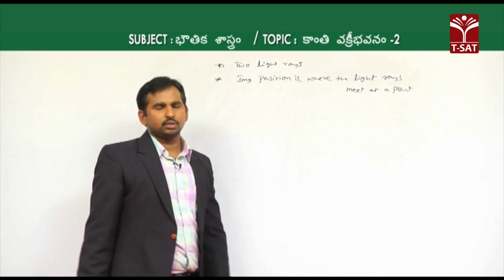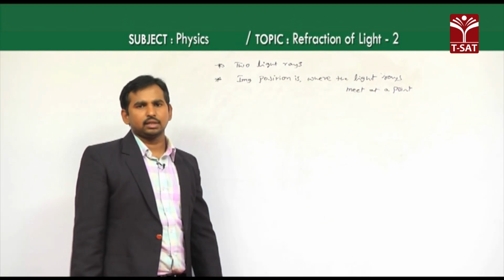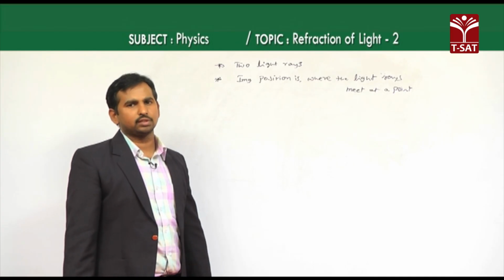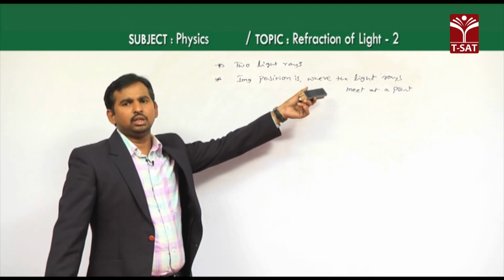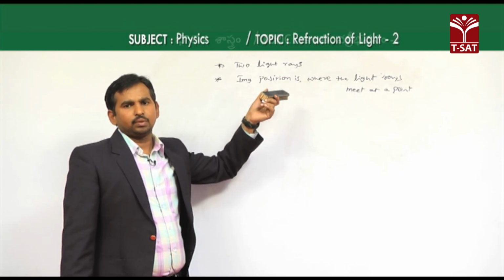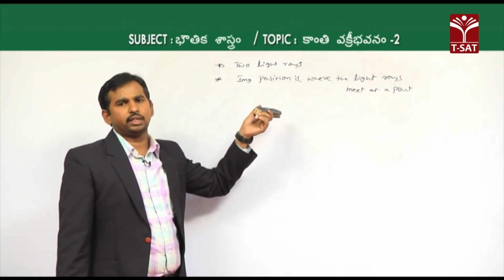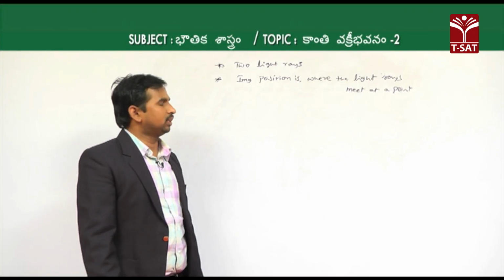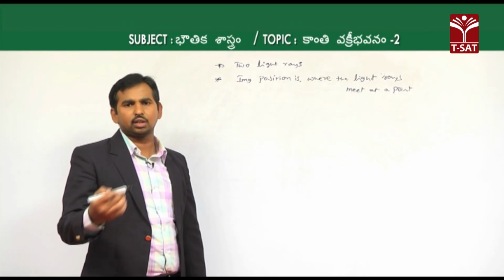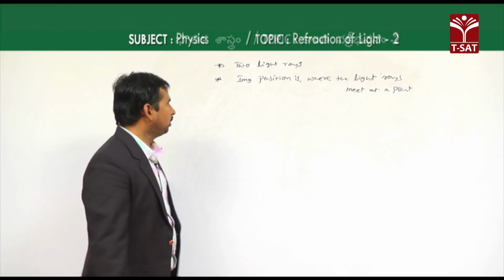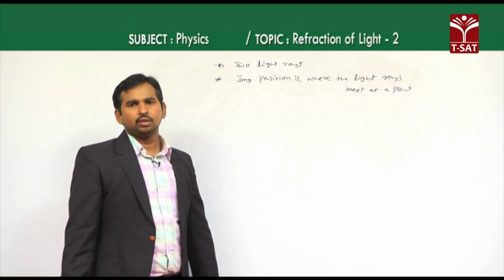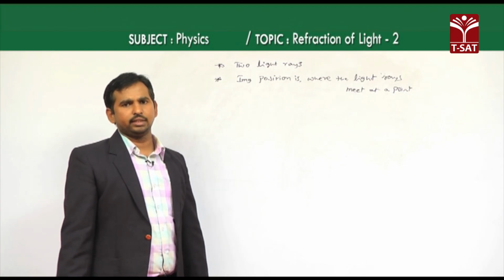Sometimes, like in the case of our concave lens, as it has a virtual focus, the meeting point may not exist directly. We have to extend the rays on both sides so that they meet at one point. Which means they appear to meet at a point, they are not really meeting at a point. So, up to their meeting we have to take the extended lines.